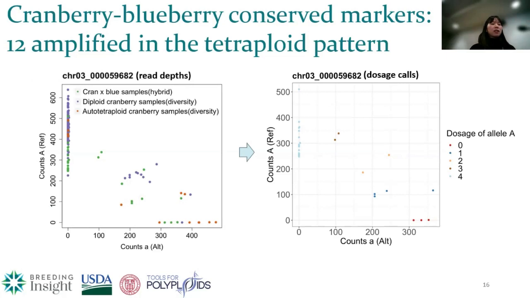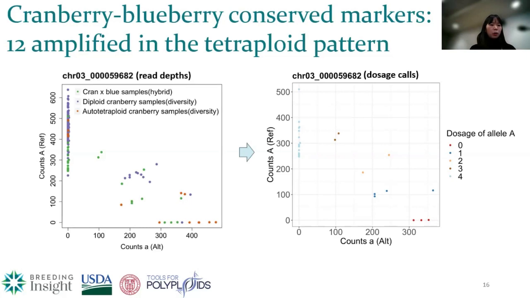We found that 12 conserved markers were amplified in the tetraploid pattern. In this example, the purple dots represent diploid cranberry samples, the red dots represent the autotetraploid cranberry samples, and the green dots represent the hybrid samples.